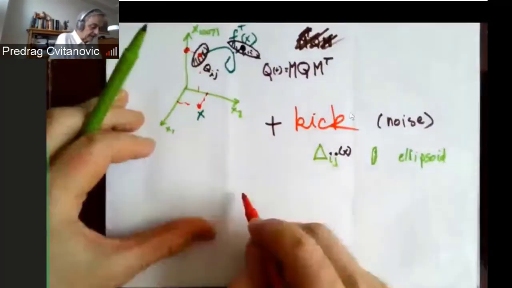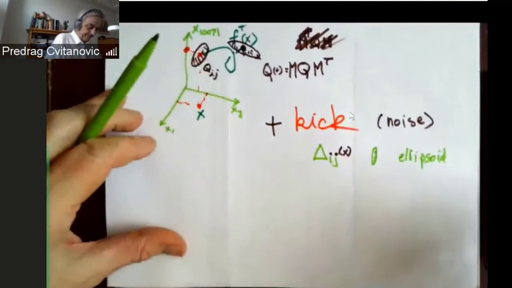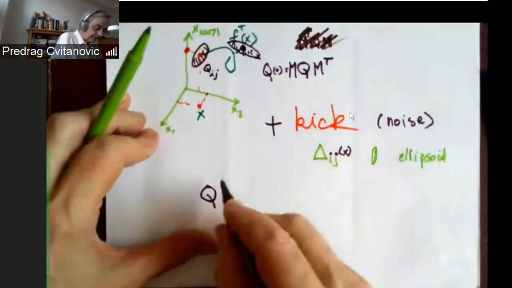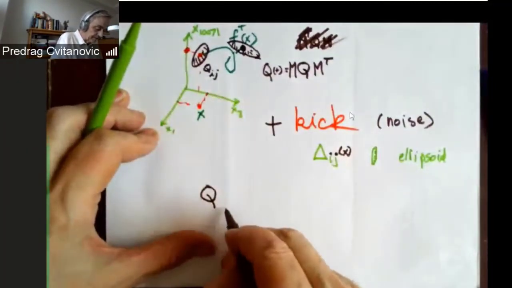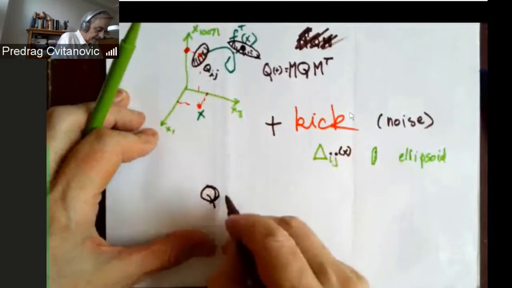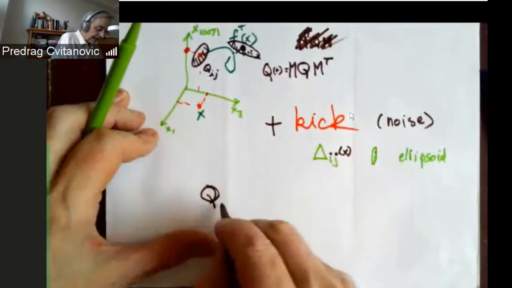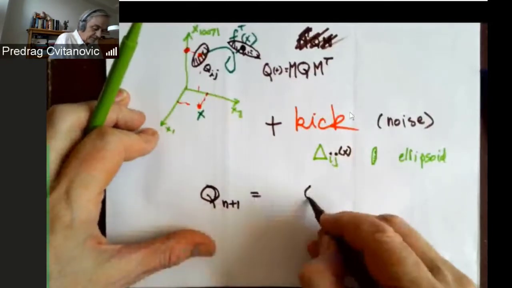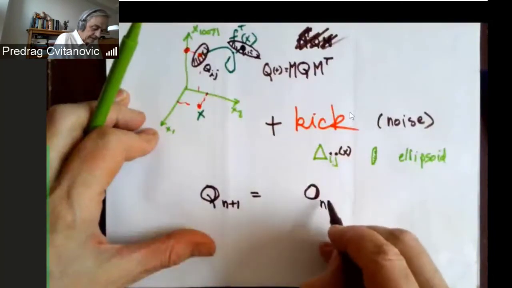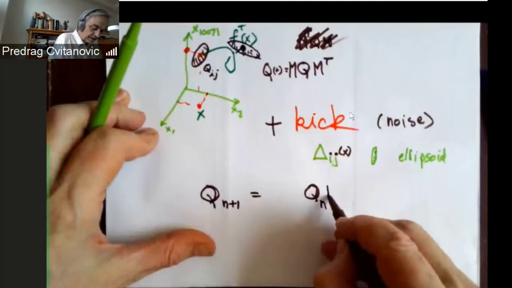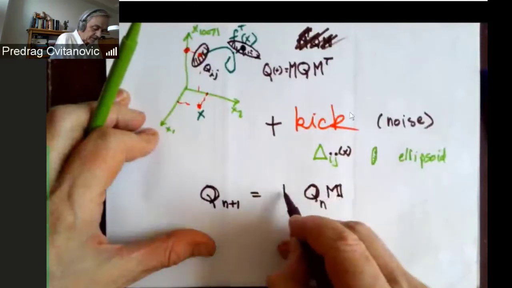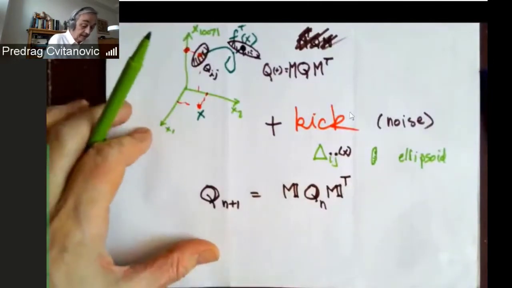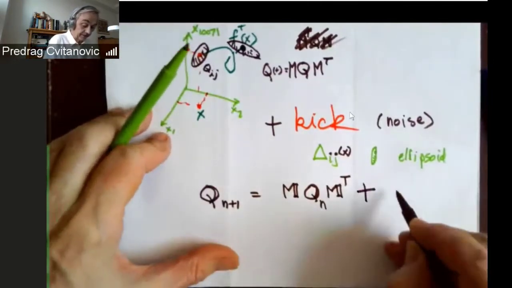And now I find that Q, the new distribution's covariance, so this is a matrix at time after n kicks, is the previous covariance I had, transported and deformed by the deterministic flow, plus the noise.